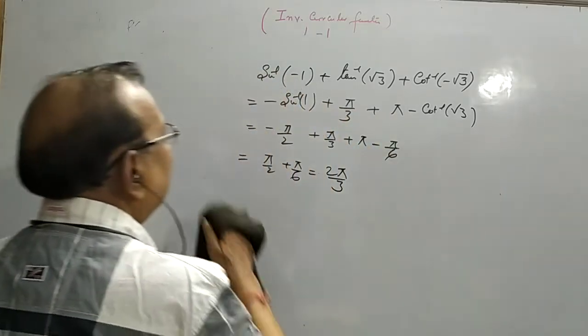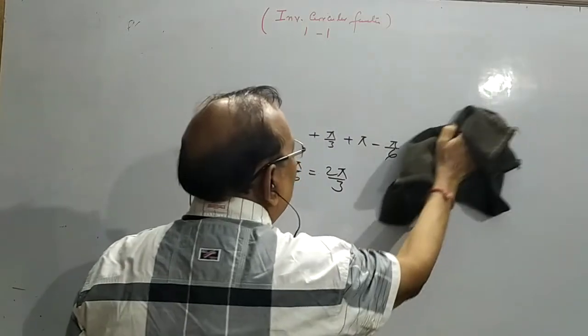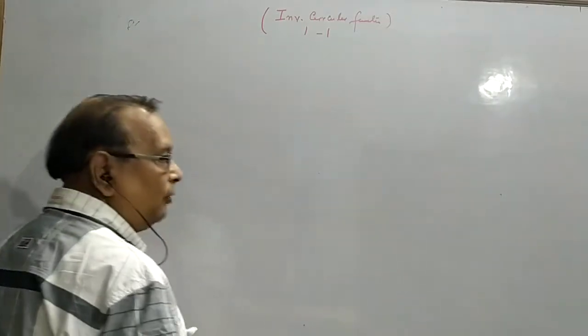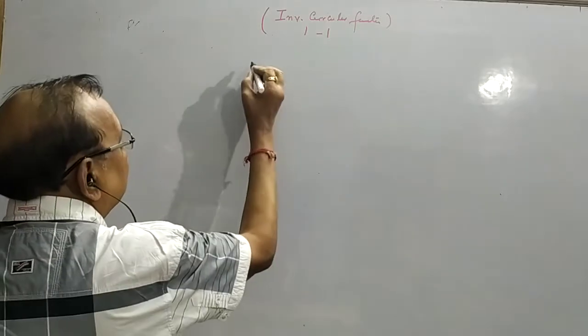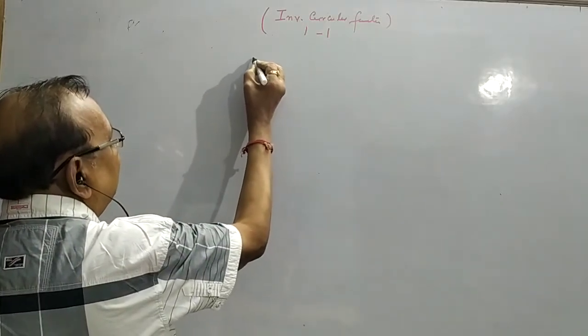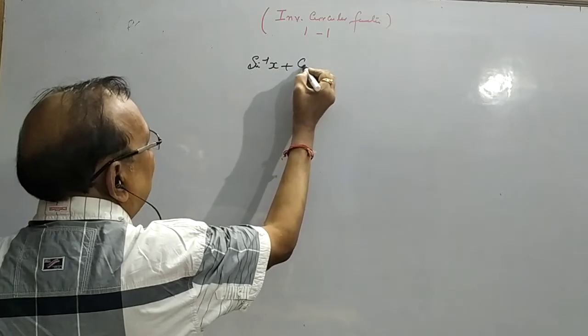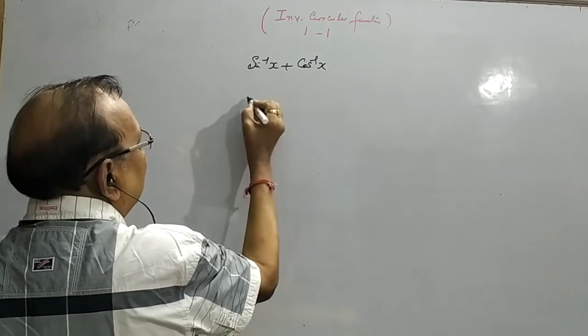That is the set for negative. How to solve for negative. Now, we may consider another set, that is sine inverse x plus cos inverse x.